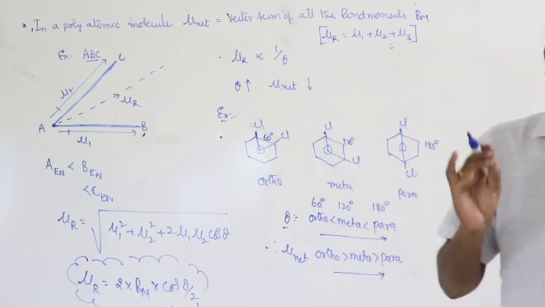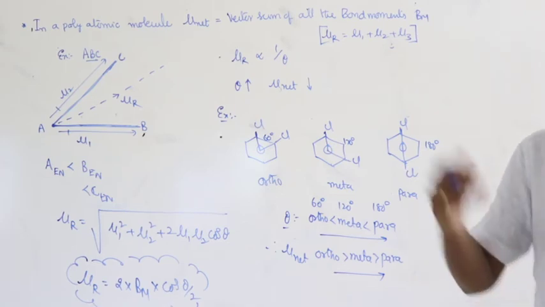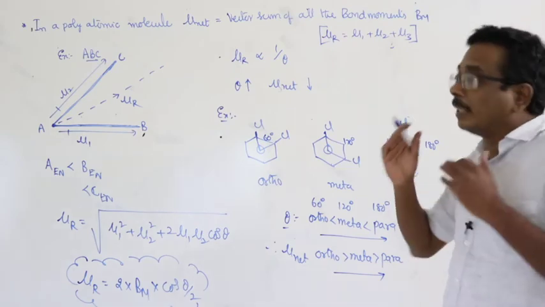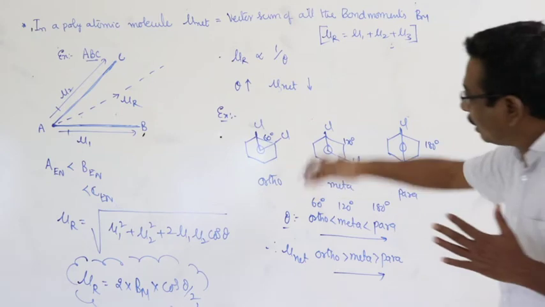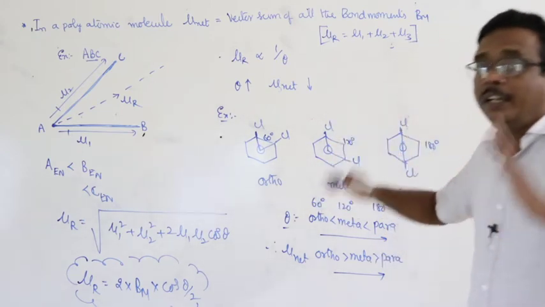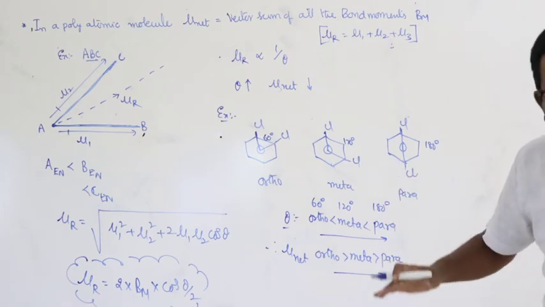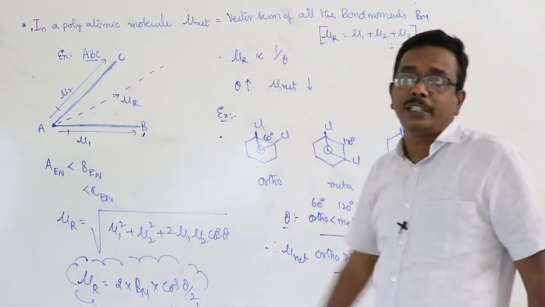Why? In a diatomic molecule, there is only one bond moment. So that bond moment is nothing but dipole moment. In a polyatomic molecule, the net dipole moment is the vector sum of all the bond moments. This is the expression and example. With increase of the theta value, the net dipole moment gradually decreases, means net dipole moment is inversely related to theta.